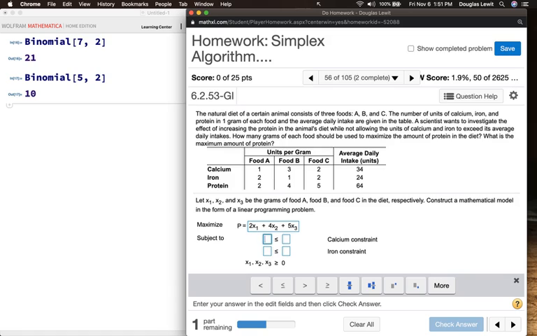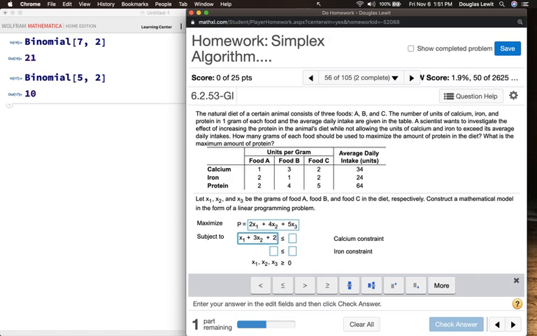Well, the calcium constraint is going to be x1 plus 3x2 plus 2x3 less than or equal to 34.